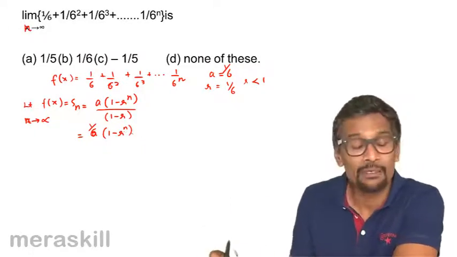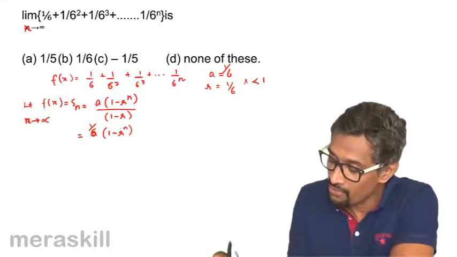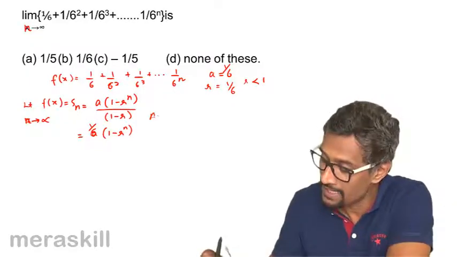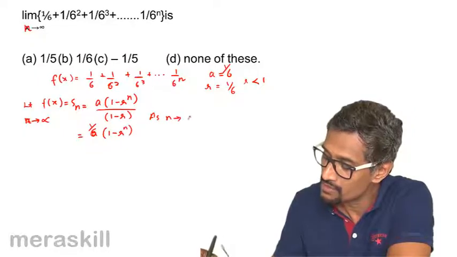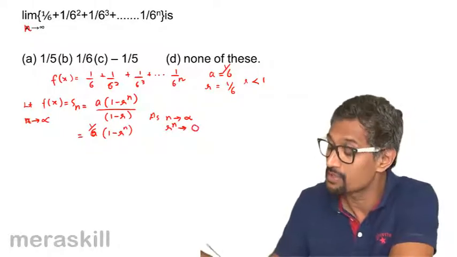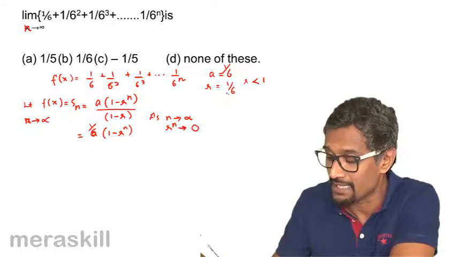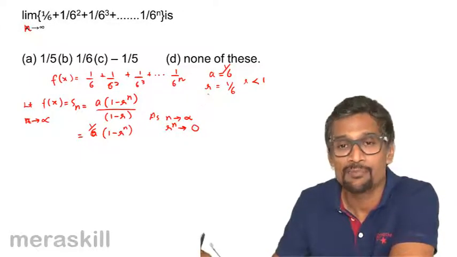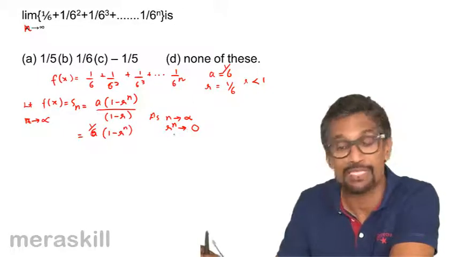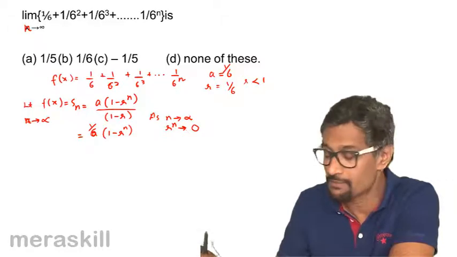As n approaches infinity, the value of r raised to n becomes smaller and smaller. So you find that as n approaches infinity, r raised to n approaches 0 because it is 1 by 6. If it had been 6, then r raised to n would also approach infinity. It is 1 by 6 raised to n, so the denominator becomes larger and larger.